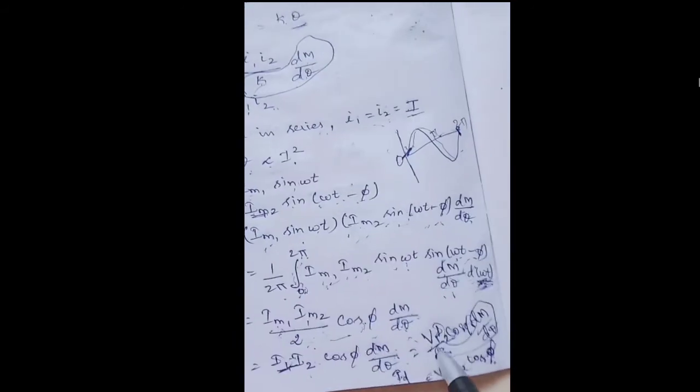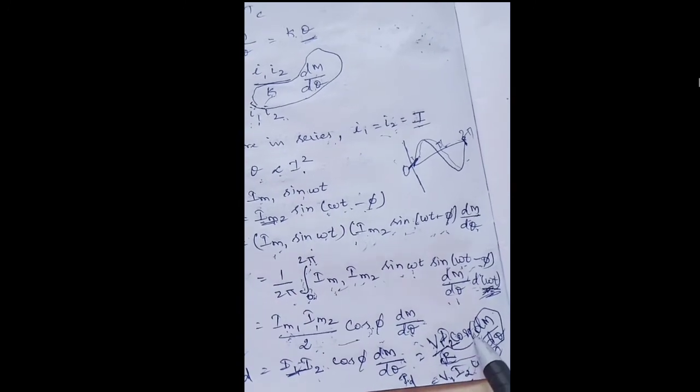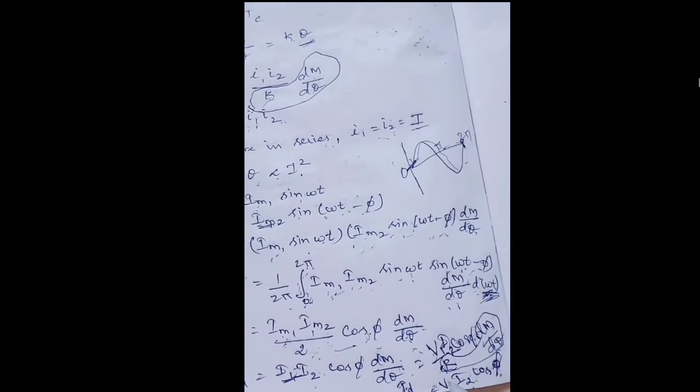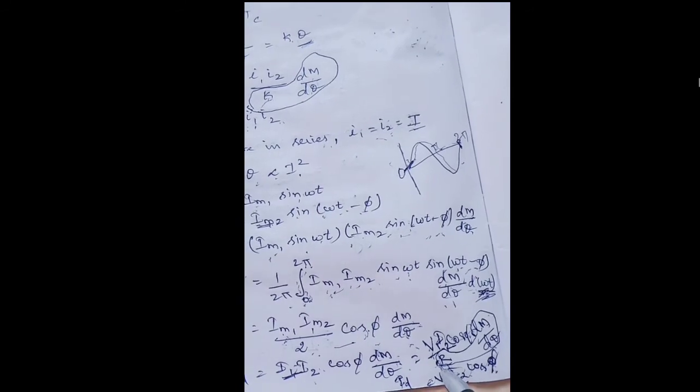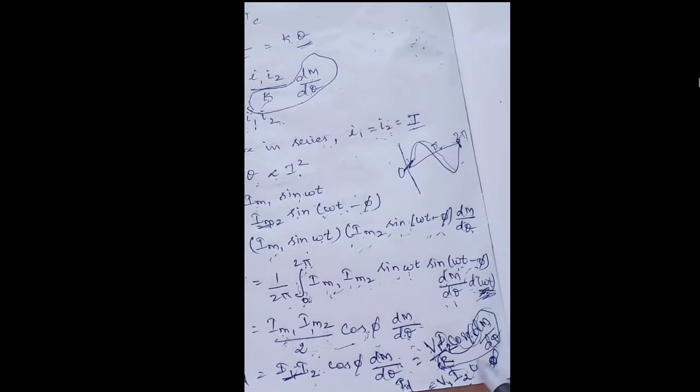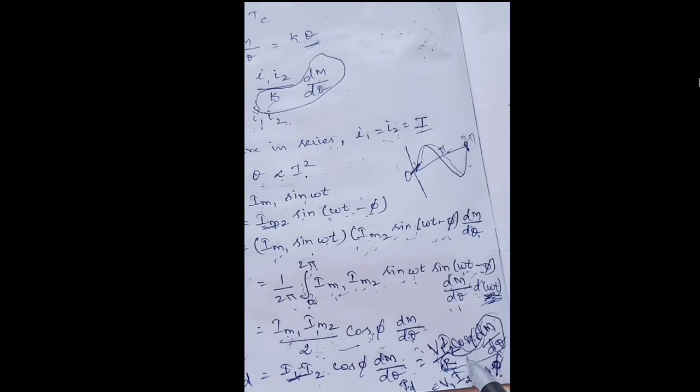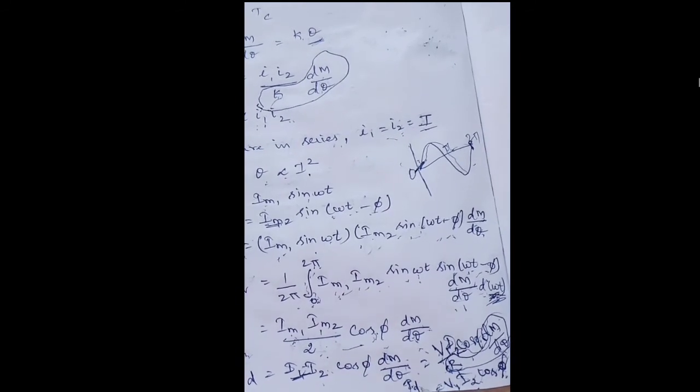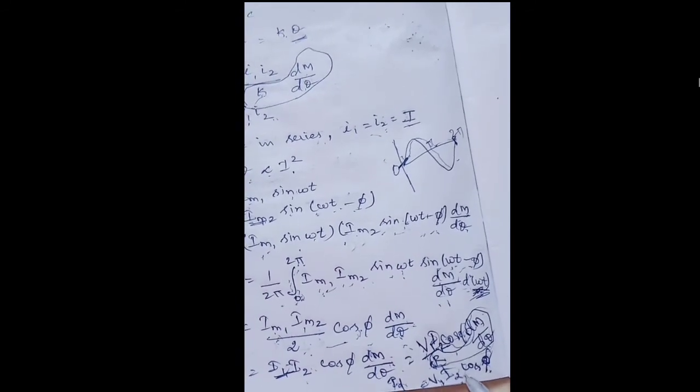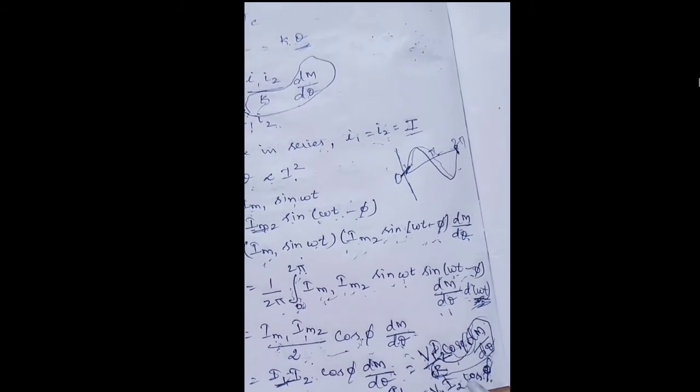Here, suppose we replace this I1 by V1 by R, then V1 by R into I2 cos phi dm by d theta. In this equation, R and dm by d theta are some constant values. So the equation will be TD equal to V1 I2 cos phi. When we look at this equation, this is nothing but the power equation for an AC circuit. So these instruments can be made use of for measuring power also.